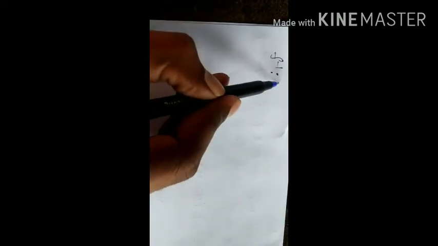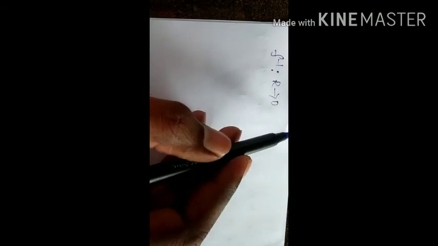The bijective function definition is that when the function satisfies both one-one and onto, the function is said to be bijective. Now, since it is a bijective function, the inverse of function f is denoted by f inverse, that is R to D, and it exists here.